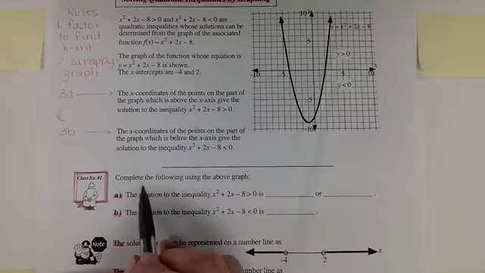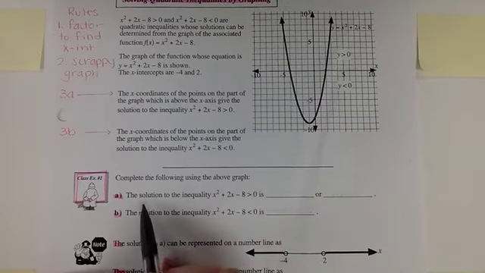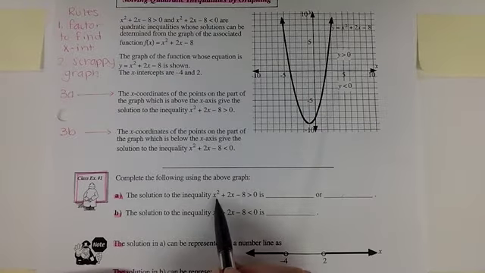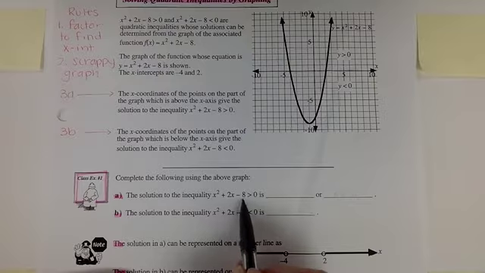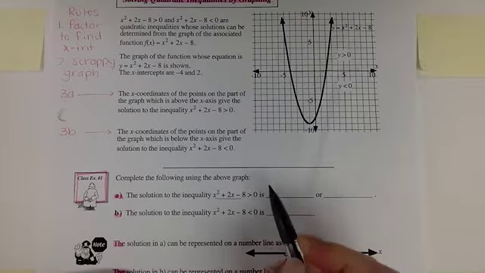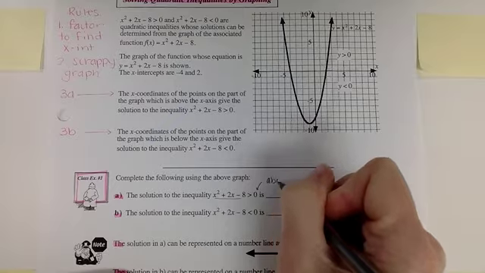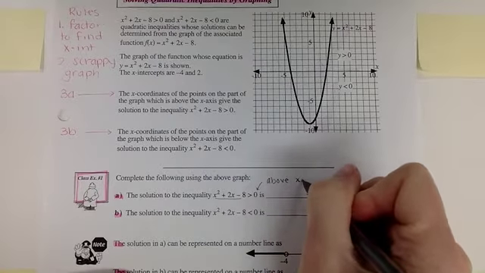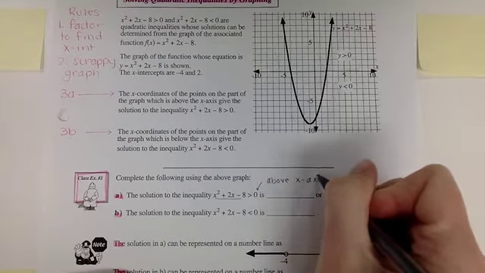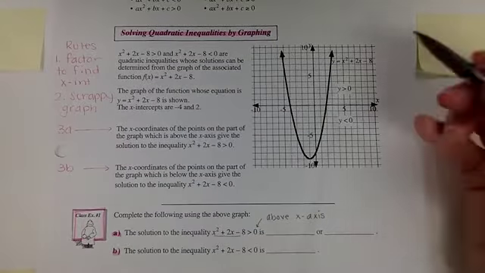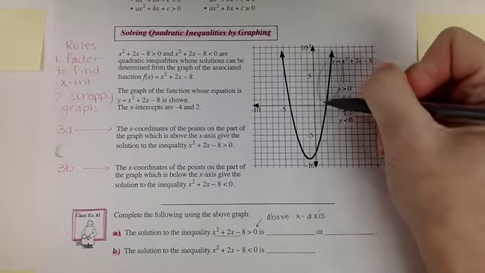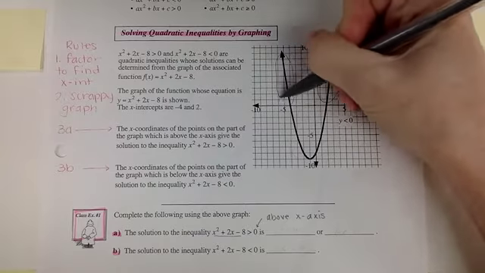Okay, number 1, complete the following using the above graph. The solution to the inequality x squared plus 2x minus 8 is greater than 0 is... So this means when is this graph greater than 0, meaning above the x-axis? If I look at my graph, it's above the x-axis here and here.